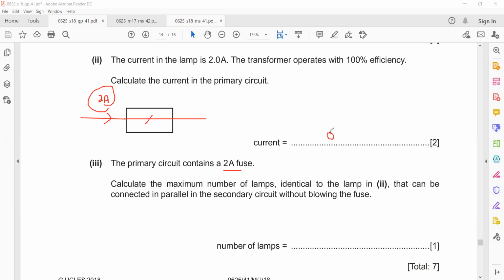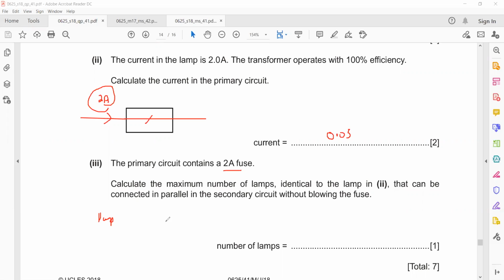So what was the current here? 0.05. When one lamp is connected, the current is 0.05. How many lamps can we connect before the fuse will blow? We want to find, when the current is 2 ampere, how many lamps there will be.